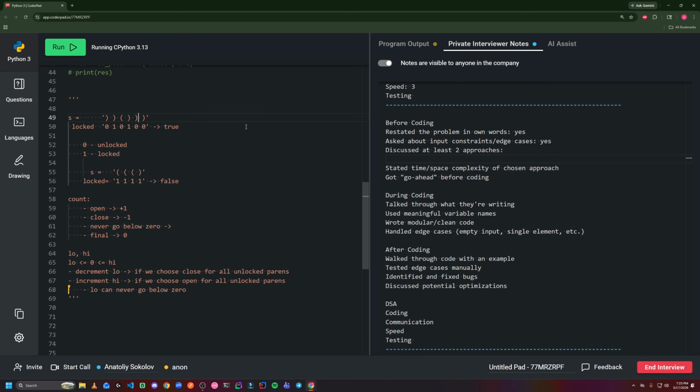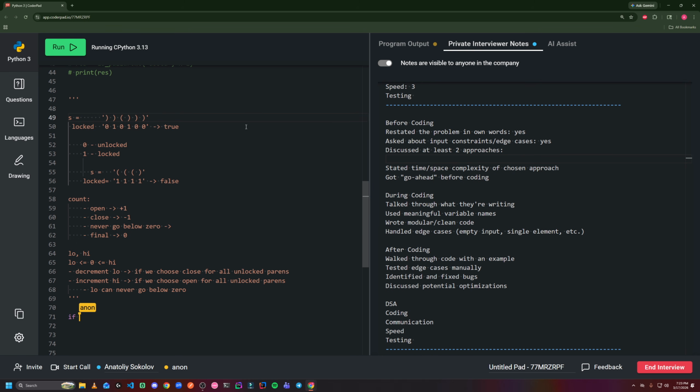Maybe that might be buggy where, if your low is 0 and you have a parenthesis, you can't make it negative, but maybe it could have been 1 and now you can make it 0. Can you account for that?